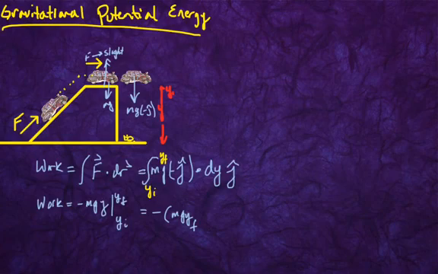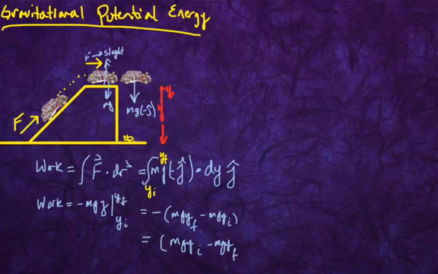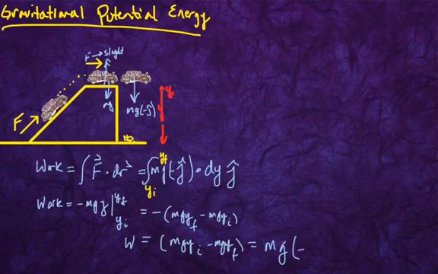So that's going to equal negative mgy final minus mgy initial, or we can flip those around, which would be mgy initial minus mgy final, and that would be our work. Okay, so our work is the force of gravity times negative delta y.